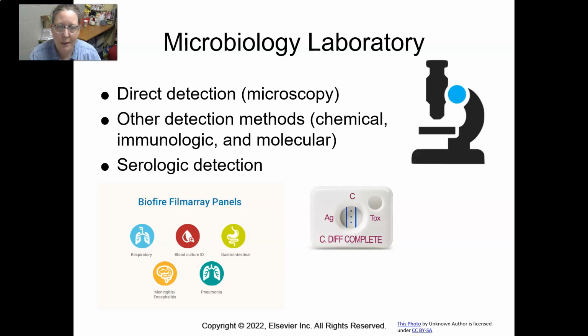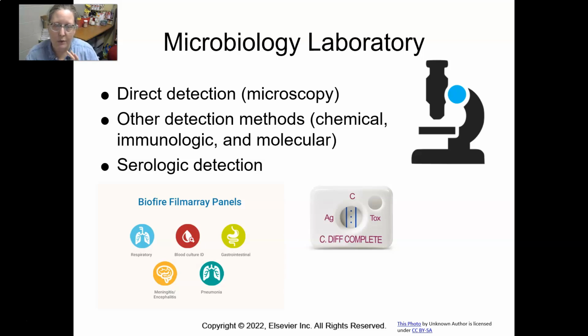We also can do some chemical tests. There are some little tests like we're going to talk about, like the catalase and coagulase and different things like that. And then we can do molecular panels, like the BioFire FilmArray panel is just one example, but they have some really cool panels that are molecular.